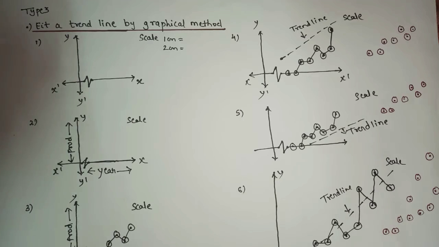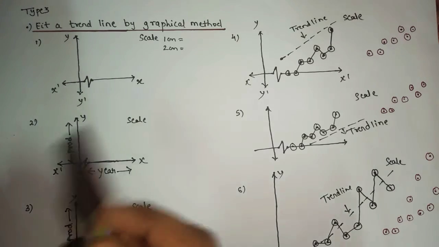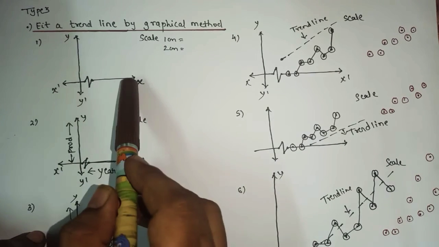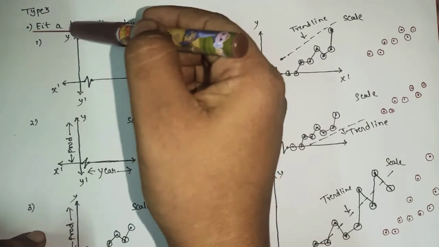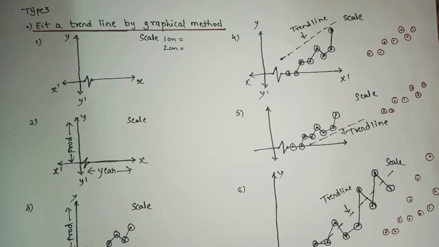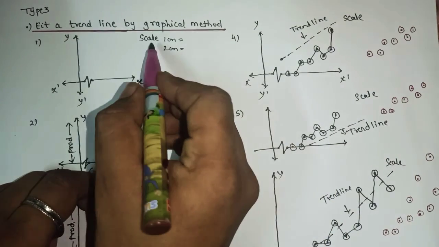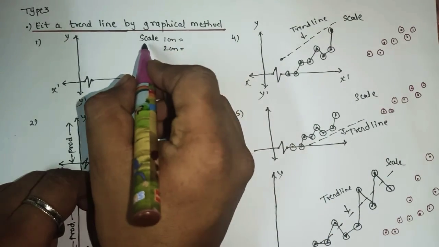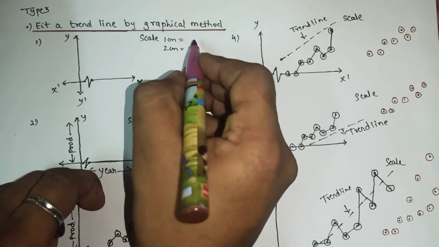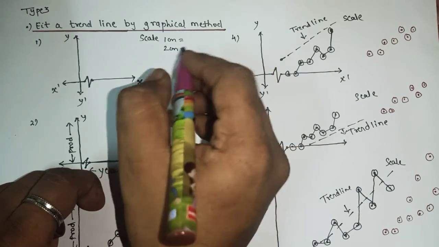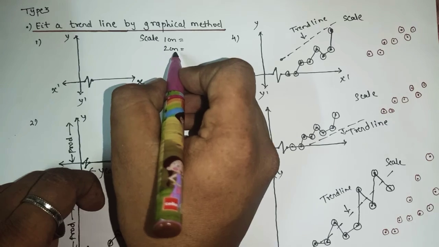Okay, so now the point number 1 is, as we all know, this horizontal line is the x-axis, and this is the y-axis. Yes or no? We all know this. After that, here on the right hand side you will write scale, 1 centimeter equals so and so numbers on x and y axis, or else you can take 2 centimeter also.